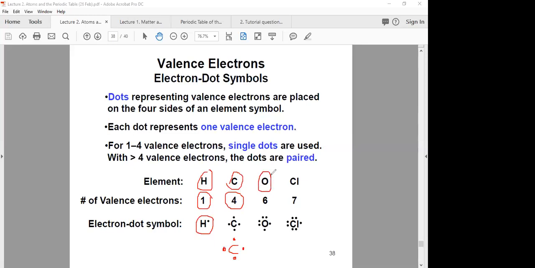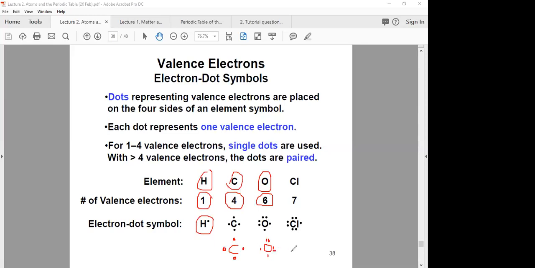Oxygen is found in group 6A, so it has 6 valence electrons. To draw the electron dot symbol, you can start wherever you like. I normally start at the top. 1, 2, 3, 4, and now we start to pair up the dots. And there is a reason for this, which we'll talk about in another lecture.